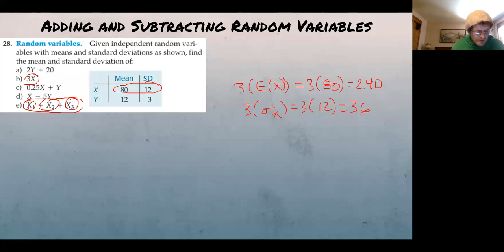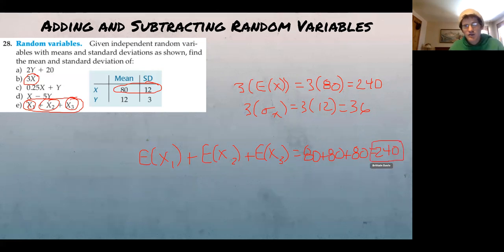So if I want to find the mean of this, I can just add these 3 means together. The expected value, or the mean, is always going to be the same. So it's going to be the expected value of x sub 1 plus the expected value of x sub 2 plus the expected value of x sub 3, which is going to be 80 plus 80 plus 80, which is 240.